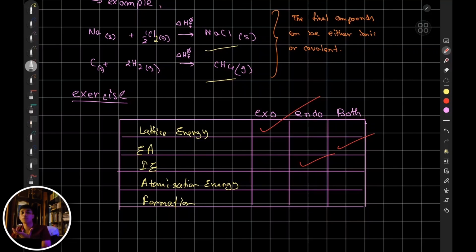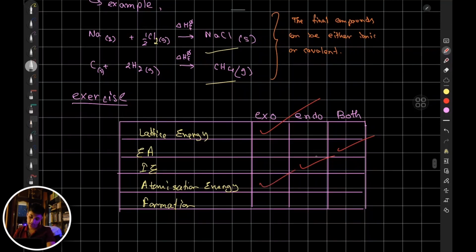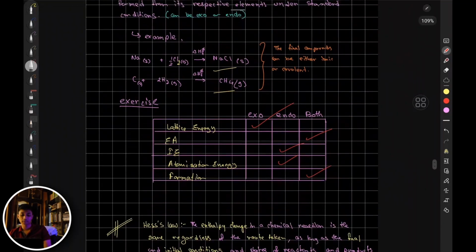You're breaking the bond, in this case the electrostatic forces, and making it a gaseous atom. Not ion, gaseous atom. So you're breaking bonds. As a result, it is endothermic. Formation, as I've already mentioned, can be both exo or endo, which is why you give both.